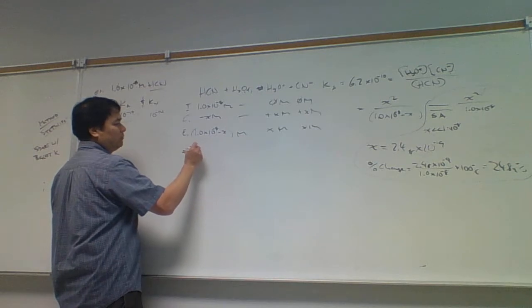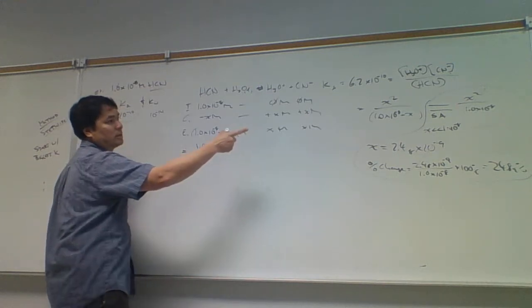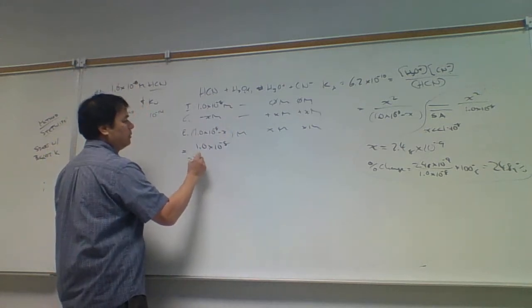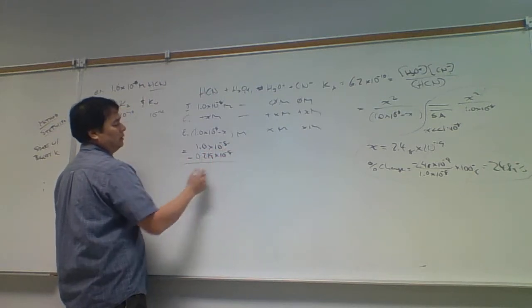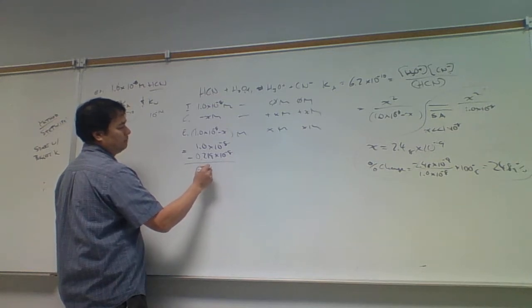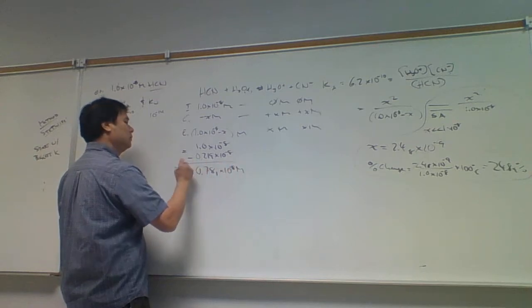All right, so I have 1.0 times 10 to the minus 8 minus, I'm going to make that 10 to the minus 8 as well. That would be 0.219 times 10 to the minus 8. And so this is going to give me 0.781 times 10 to the minus 8 molar.